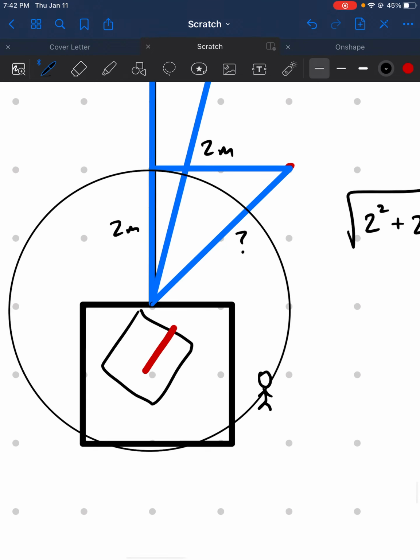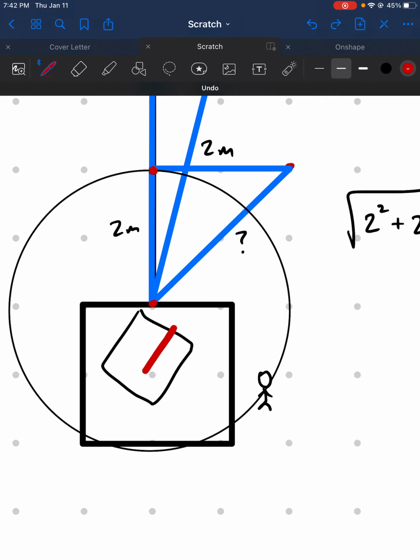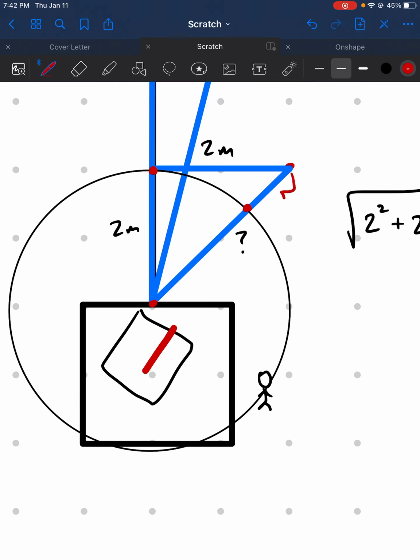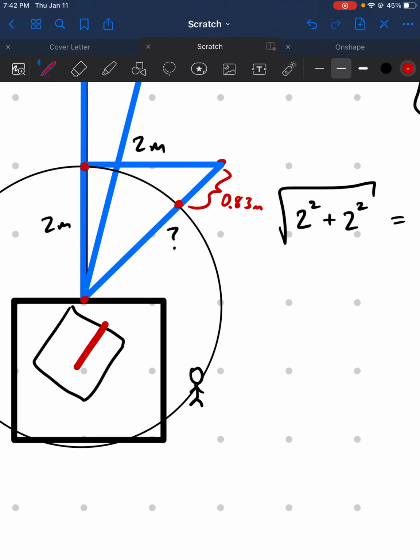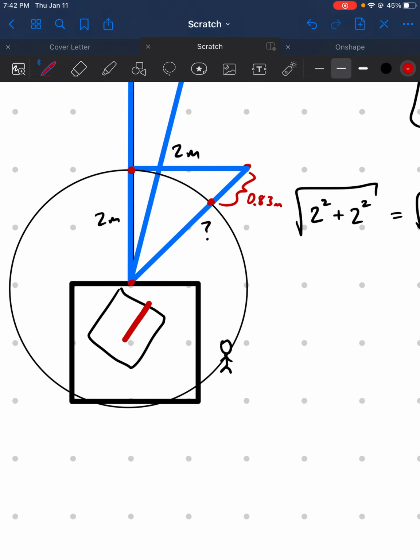Right, so we're saying, if this is the starting point right here, and you have a 2 meter range, right? So you would have shot there. Even if you get this perfectly aligned, you would have fallen short by, oh my god, 0.83 meters, right? And that's huge. That doesn't even qualify you for a bucket shot. That's like more than 2 feet.